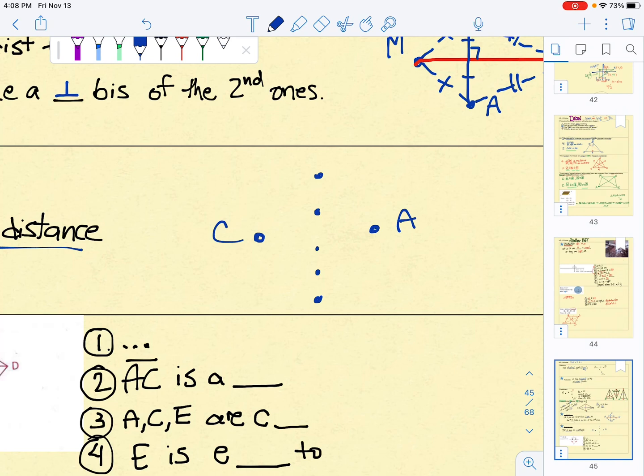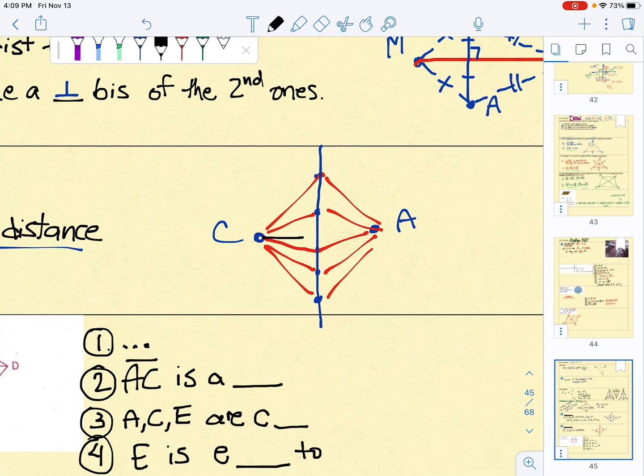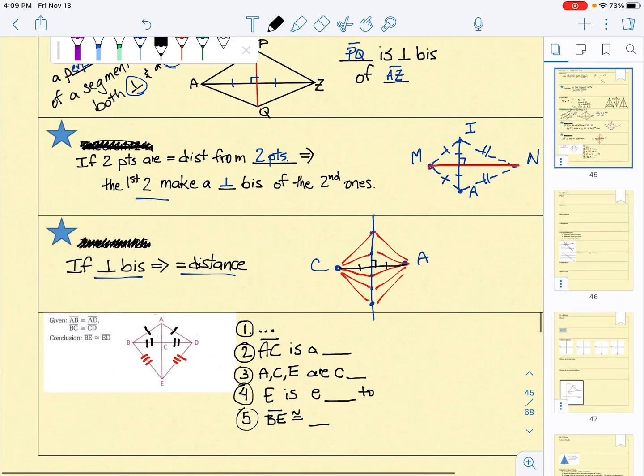If you look at those distances, compare that one to that one, that one to that one. If those distances are all equal, then those blue dots in the middle make up what we would call a perpendicular bisector. So this line is going to cut our given line, AC, in half, and it's going to be at 90 degrees in that cutting.